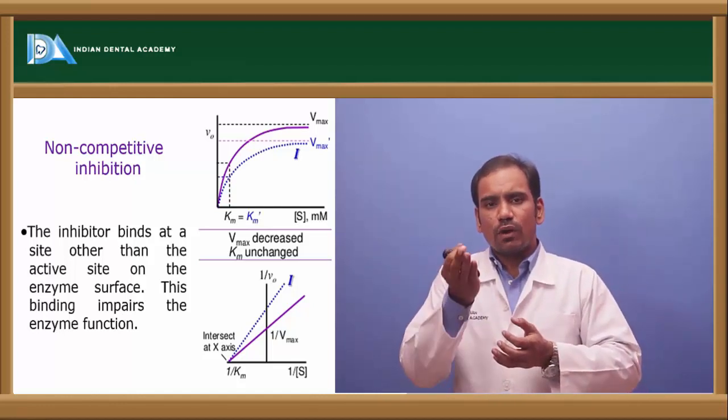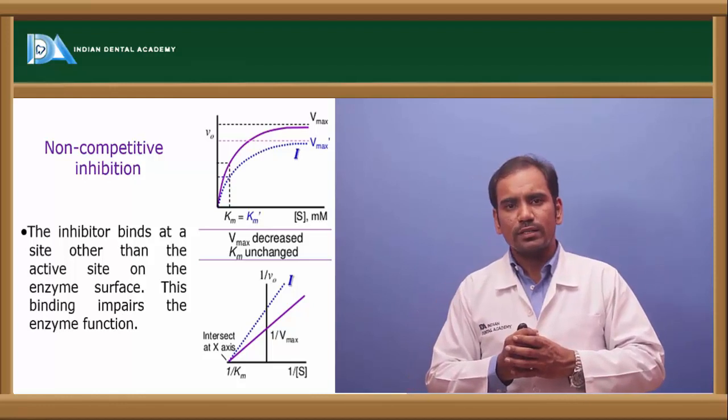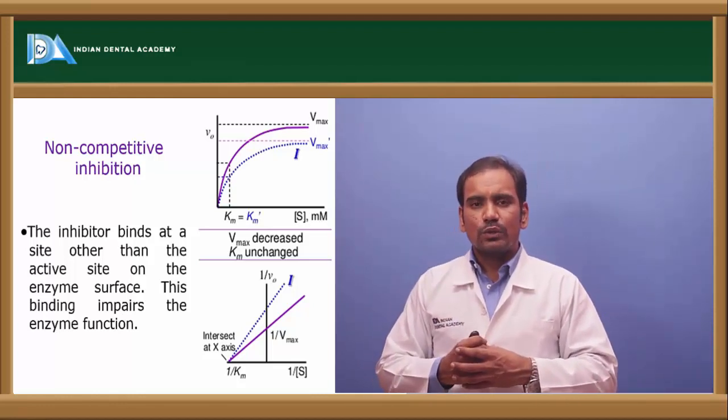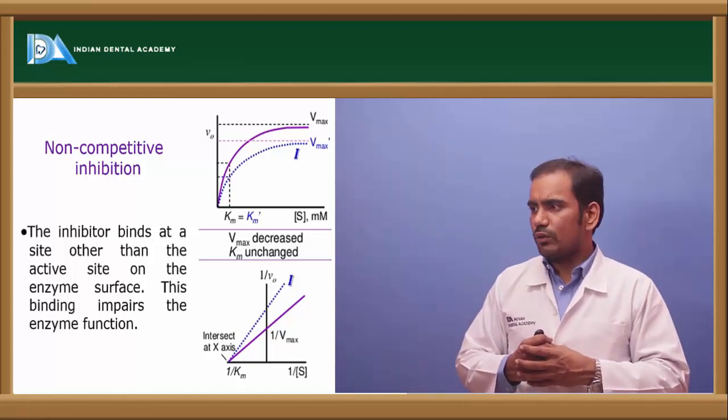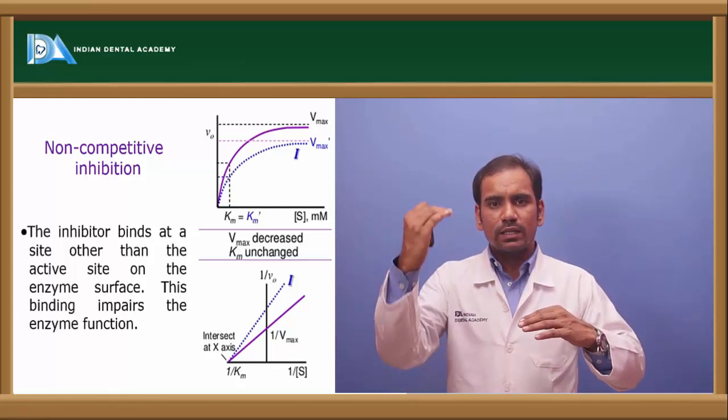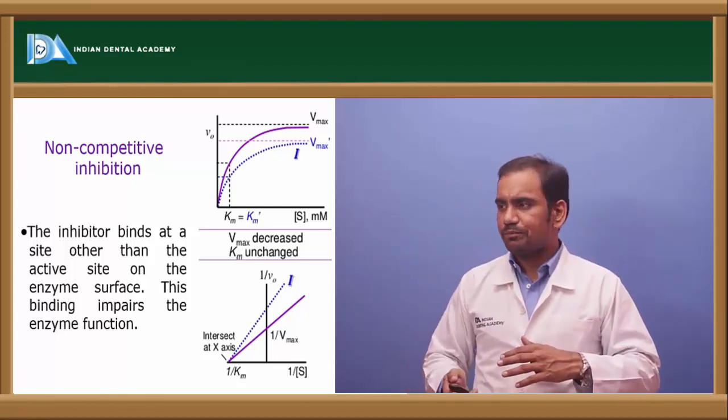So there are increased non-functional enzymes because of the ESI complex, so that leads to a decrease in the velocity maximum. Right? So that is what happens in case of non-competitive inhibition. There is no change in Km value, but there is a decrease in the velocity maximum.